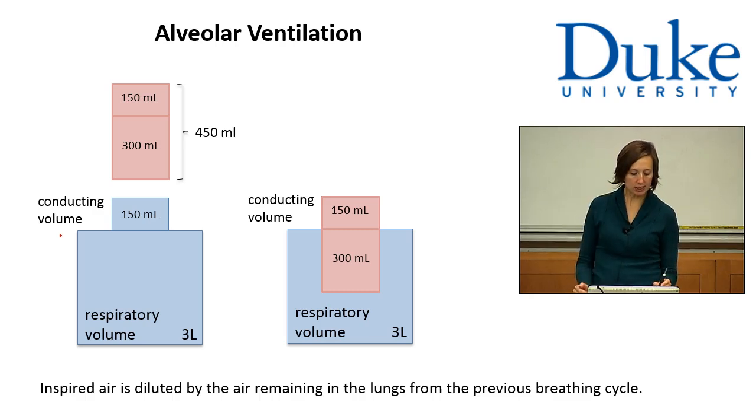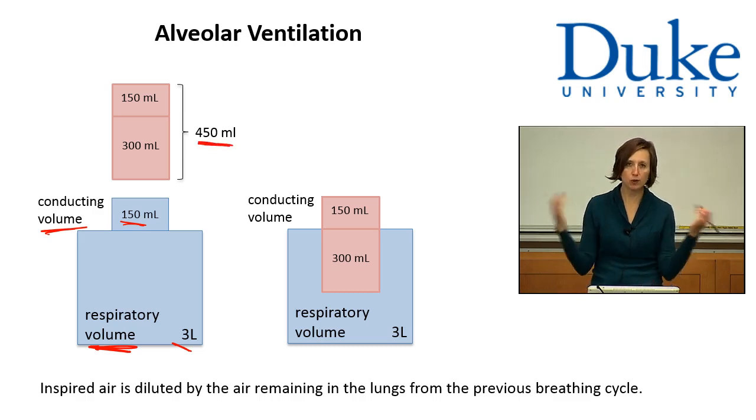We're going to have our conducting volume and our respiratory volume, about 150 mils versus 3 liters. And let's say here we have a tidal volume of 450 mils, pretty typical.